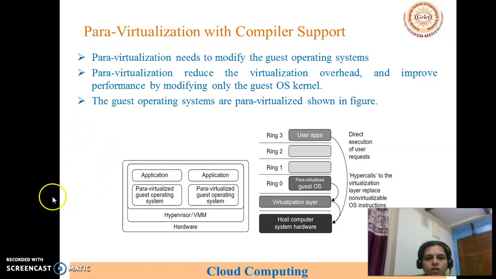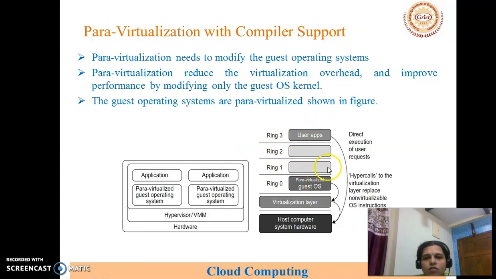See here hardware, hypervisor. Here we install a para-virtualized guest OS, which means we can modify the guest OS when we use para-virtualization. Here is how it works. Host computer hardware, virtualization layer. In the earlier case, the virtual machine was installed directly at ring 0, whereas here, after the virtualization layer, the para-virtualized guest OS is installed.